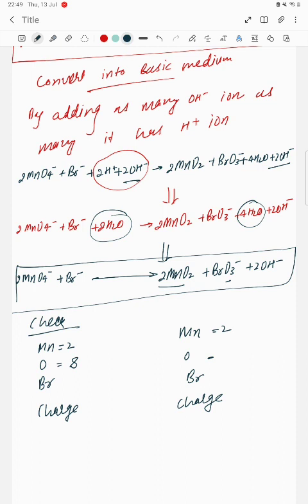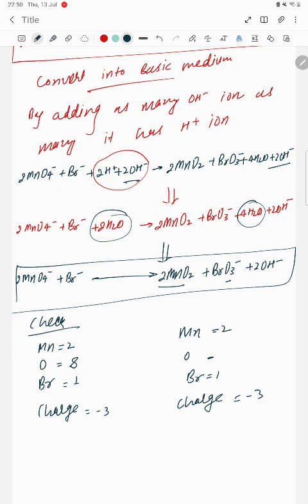Oxygen is not balancing. Br is 1, here Br is also 1. Charge: 2 times 2 is 4 minus 1, that is minus 3, and here charge is also minus 3.